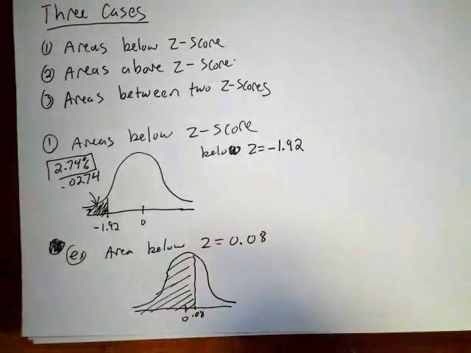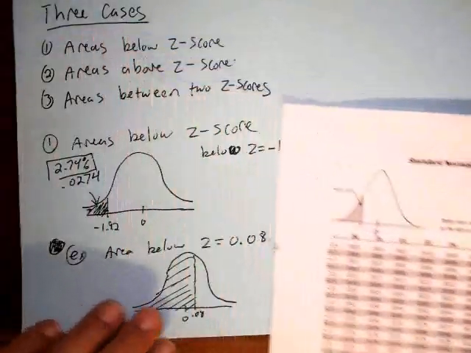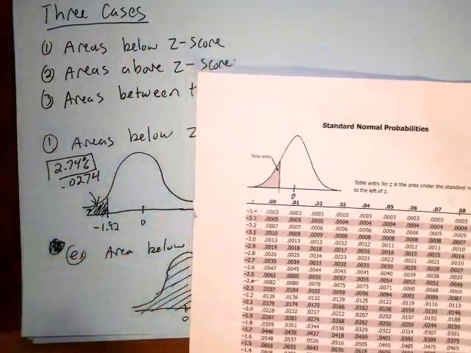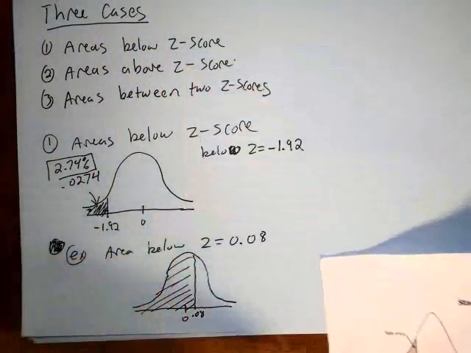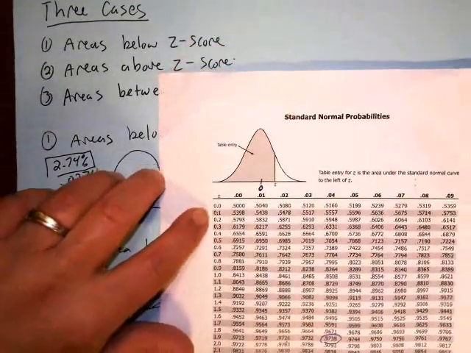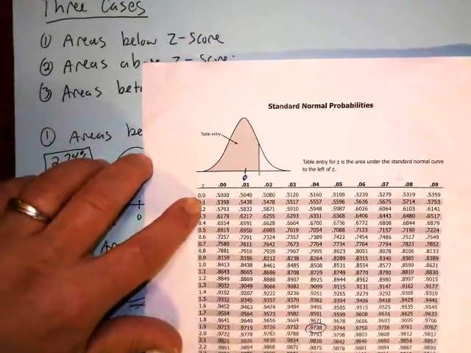And so let's see. The way I would look this up, notice the thing I look up down here would be 0.0. So I'm going to go on the positive side, and 0.0 is actually at the top of the page.